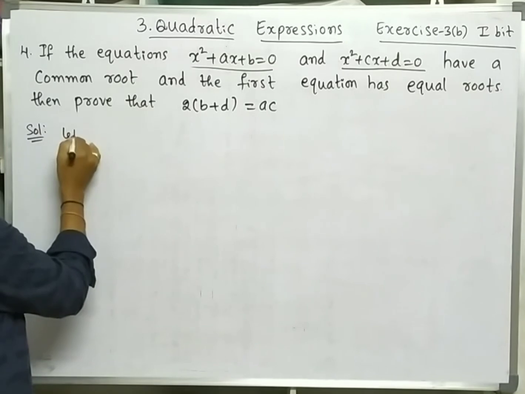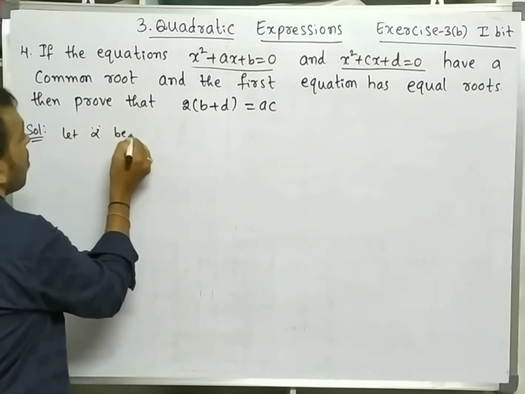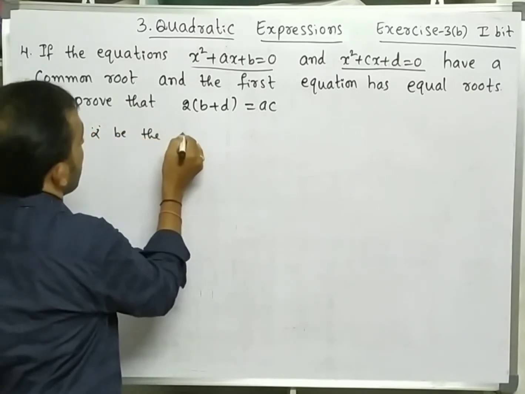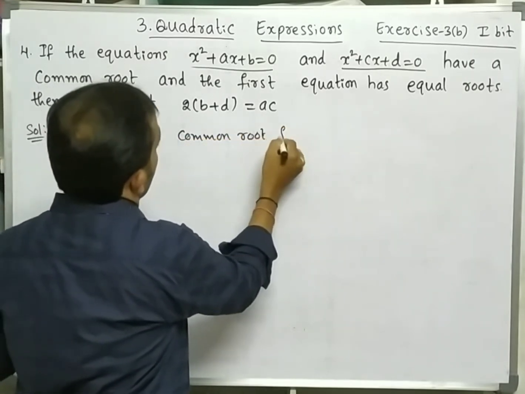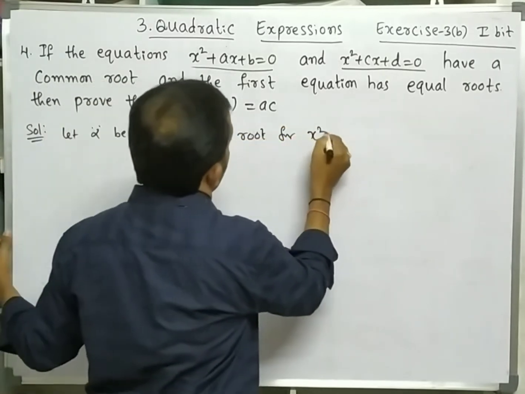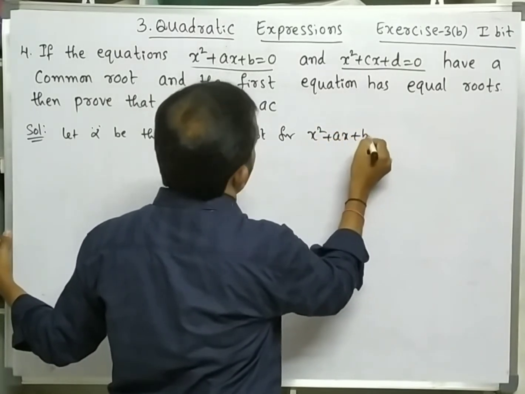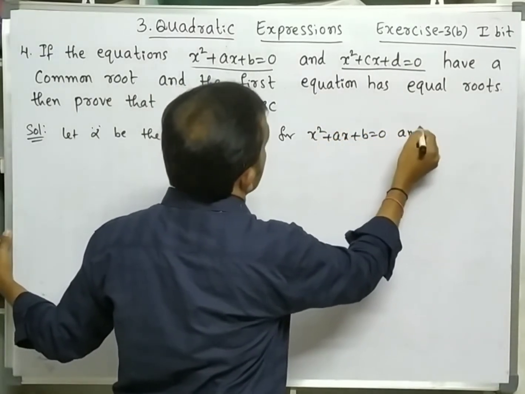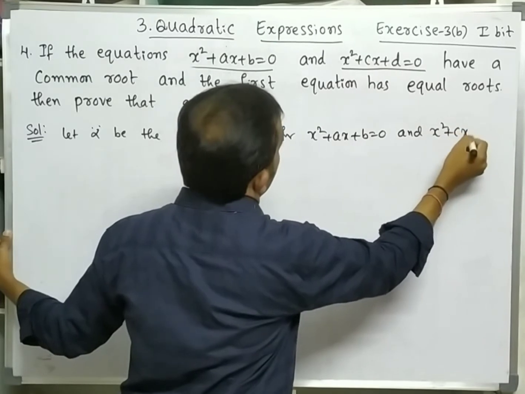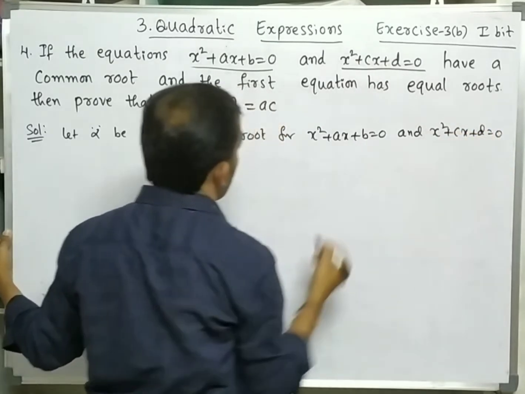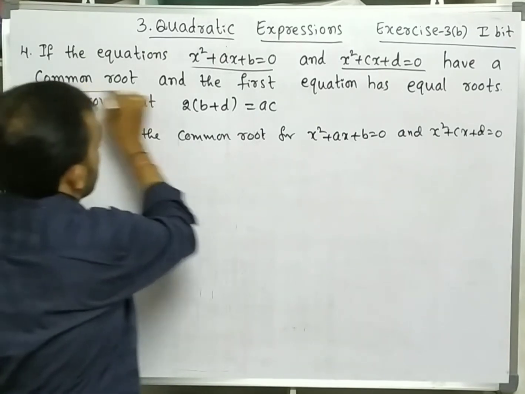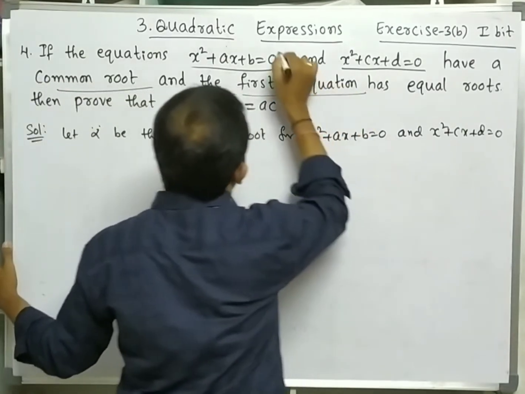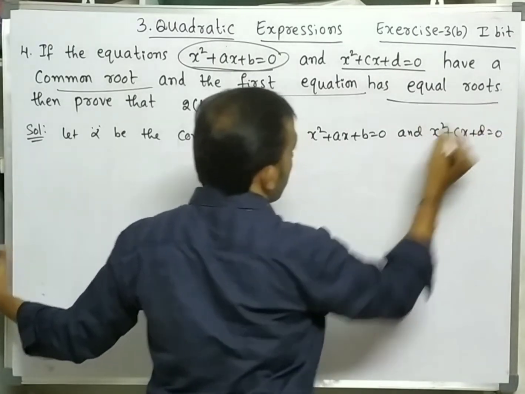So let alpha be the common root for x square plus ax plus b is equal to 0 and x square plus cx plus d is equal to 0. That is the first condition. Next, the first equation has equal roots.